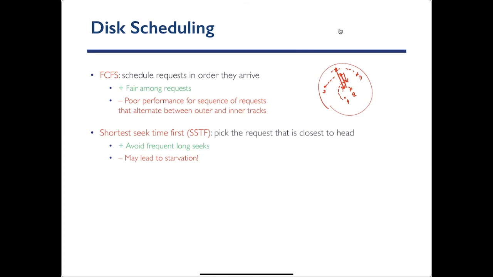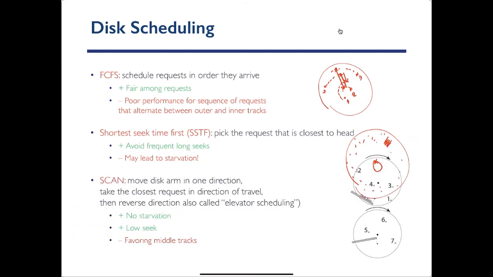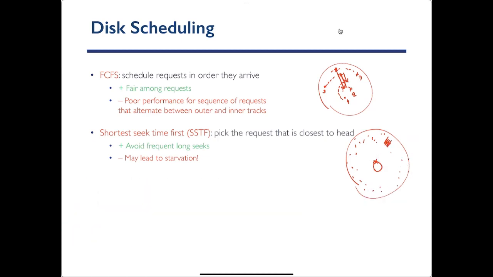It'll give us better performance, but it comes at a fairness cost. For example, if this is the disk and you get a lot of requests on these outer tracks, and you have a single request in an inner track, this single request could get starved because the arm keeps moving between these tracks and never seeks to the other track.